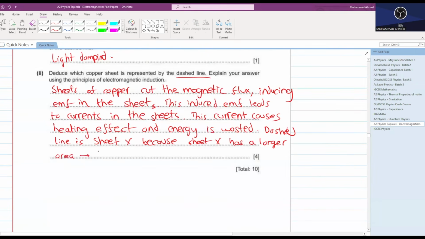This allows for larger current, and larger current will cause more heating effect. More heating effect will result in more dissipation, more wastage of heat, I guess. More wastage of energy. Simple as that. Let's move on to our last question.